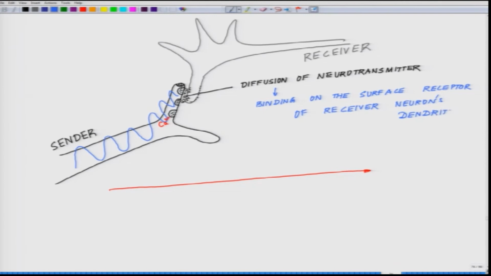Okay, binding on the surface receptor of the receiver neuron's dendrites.